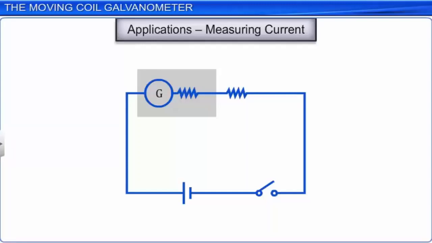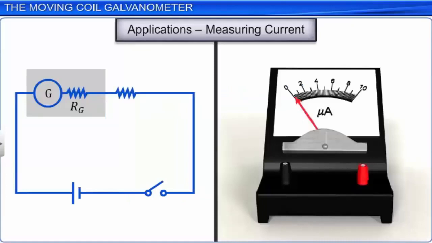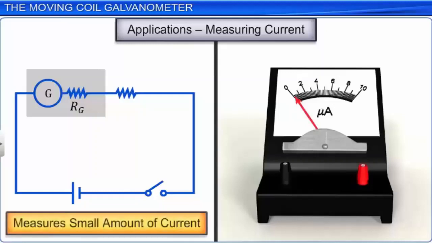We refer to this as the resistance of the galvanometer, denoted by Rg. In contrast to an ammeter, which measures even current of high magnitudes, a galvanometer is used to measure small amounts of current, such as in microampere.